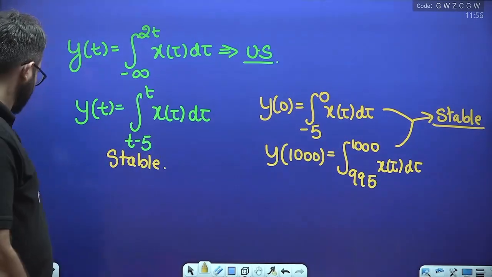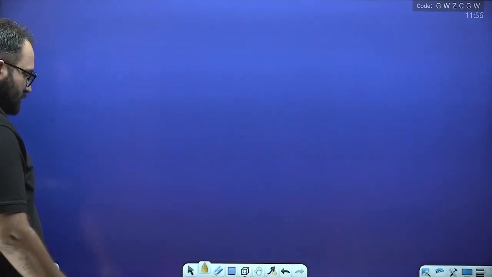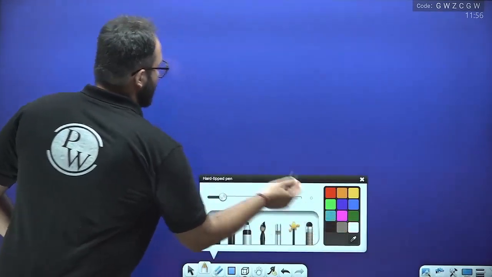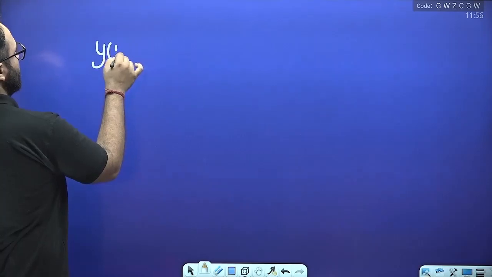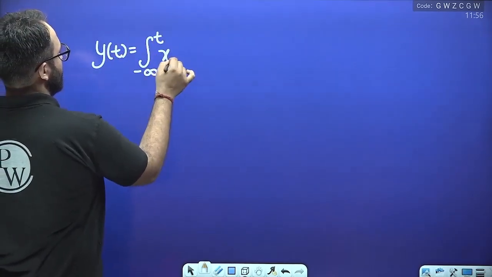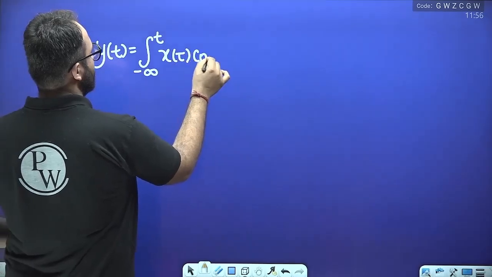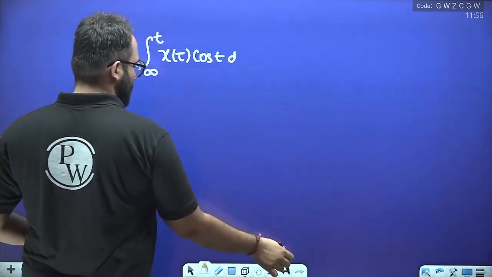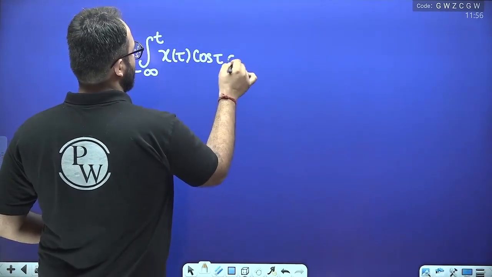Okay. One more example. Suppose y(t) is equal to the integral from minus infinity to t of x(τ) cos(τ) dτ.